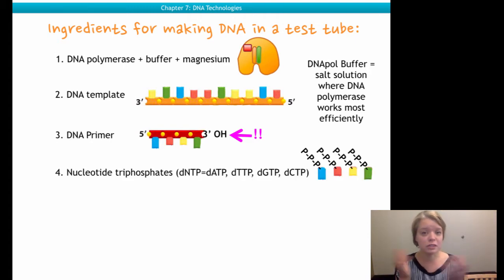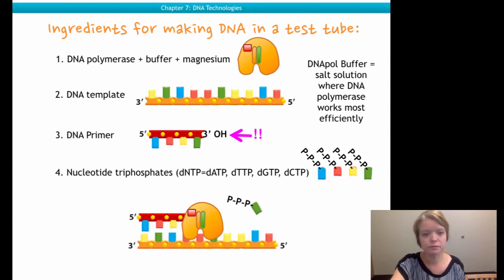And of course, you need the material to polymerize DNA from, so you need nucleotide triphosphates. In case of making DNA for PCR and so forth, you need deoxynucleotides, so that's dNTPs. You need all 4 of them.